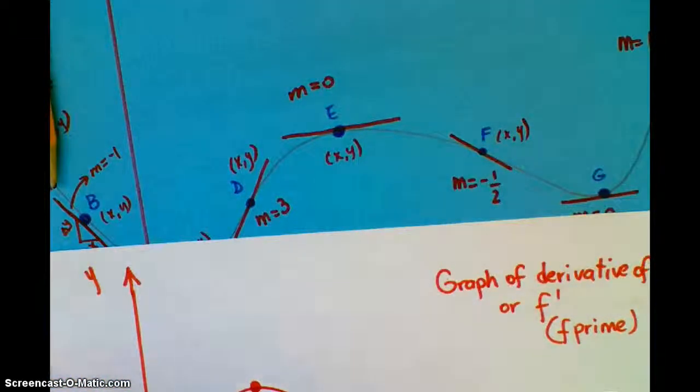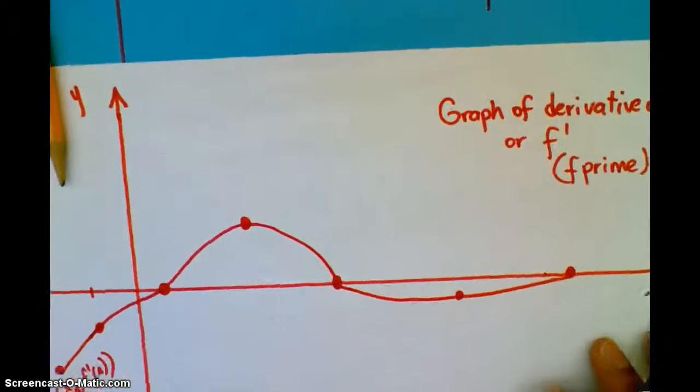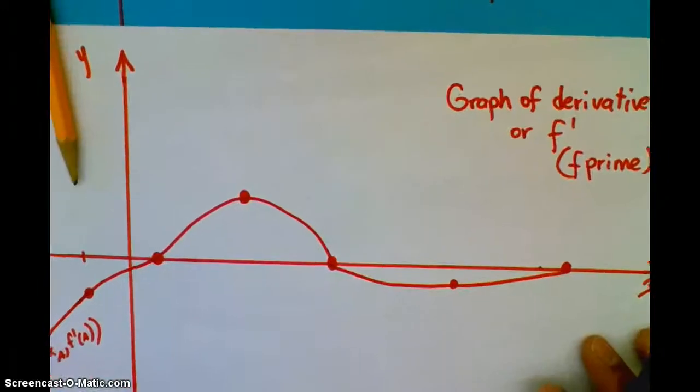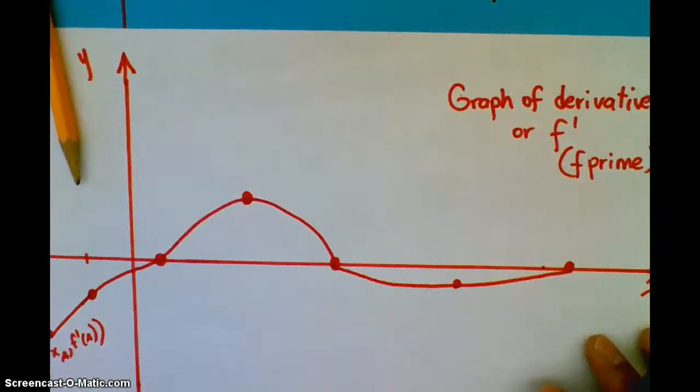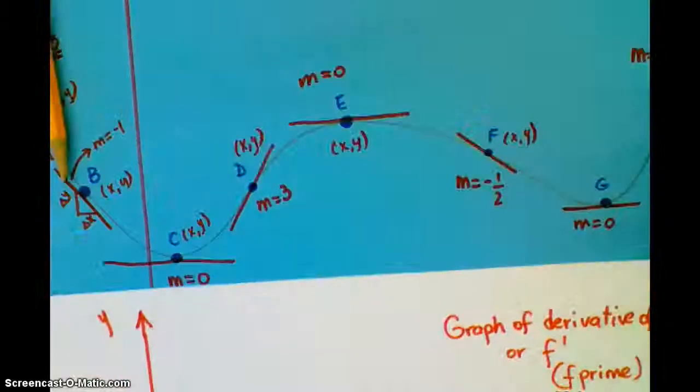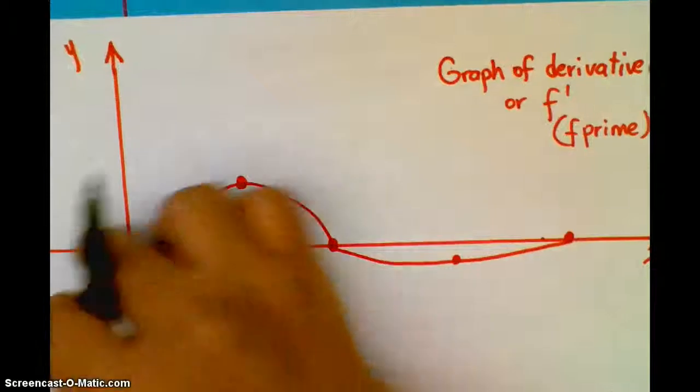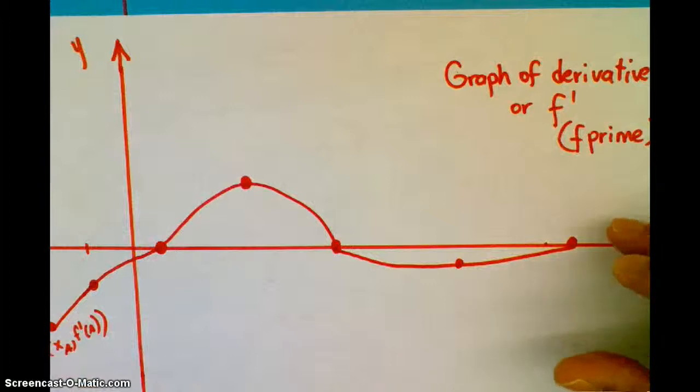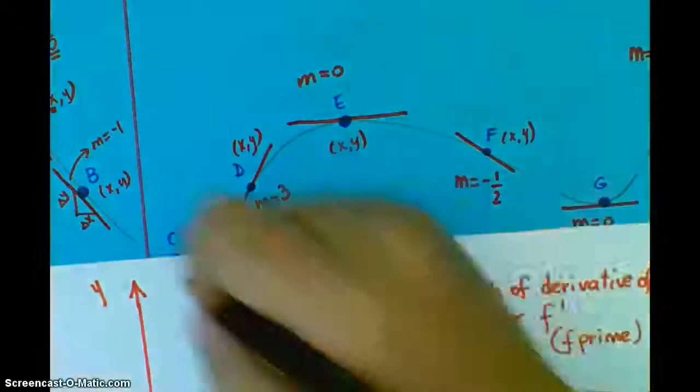So this is, ladies and gentlemen, the graph of the derivative of f. Visually, you will learn to interpret the connection between the graph of f and the graph of its derivative. But notice how little it has to do with the y value in here.